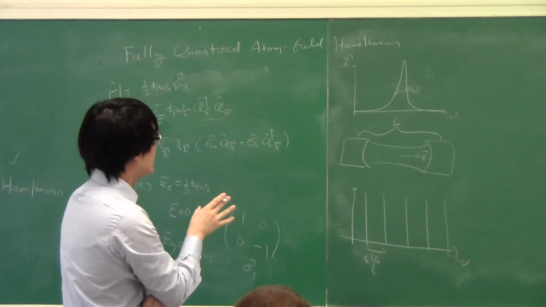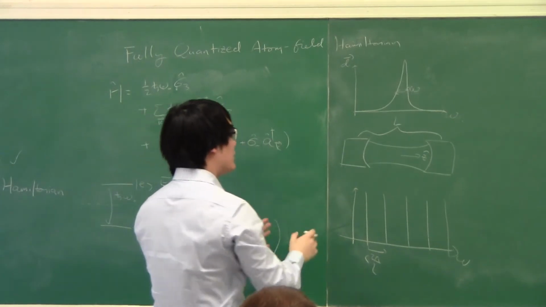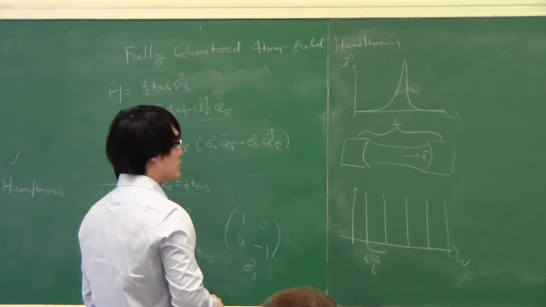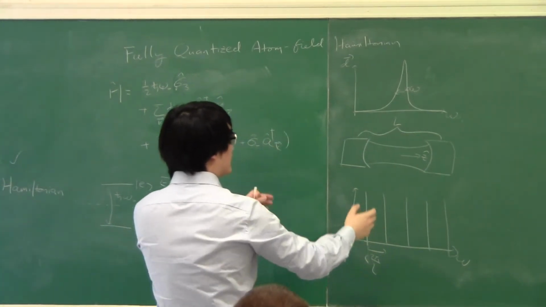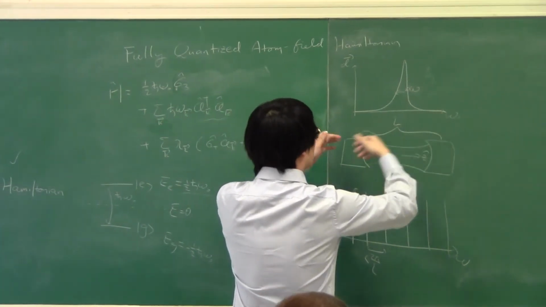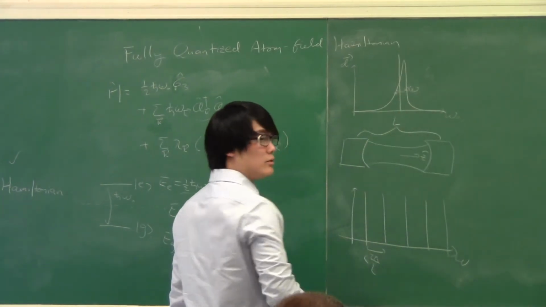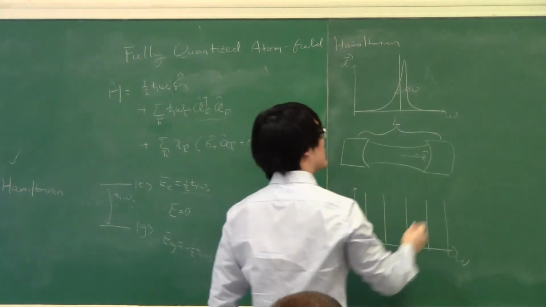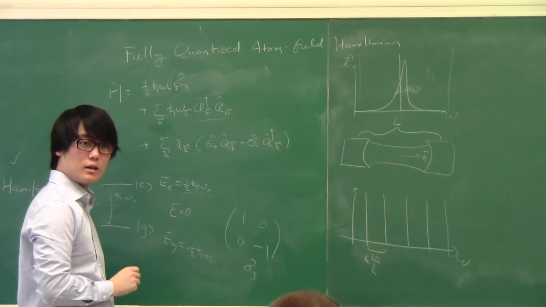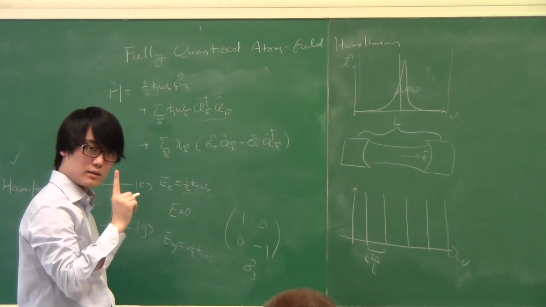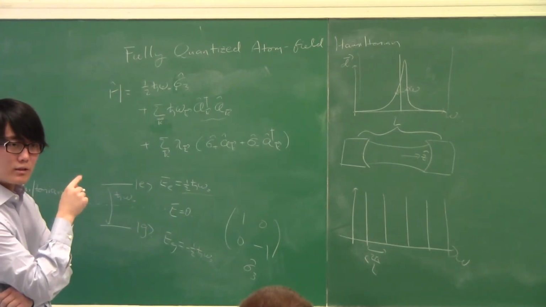Now imagine I overlap these two, and by choosing the length here, I can make the atom effectively coupled to only one mode, while the next mode might be way over here. So this is how we are able to couple the atom to exactly one mode. But notice that this coupling means that the atom can make a transition to this mode.